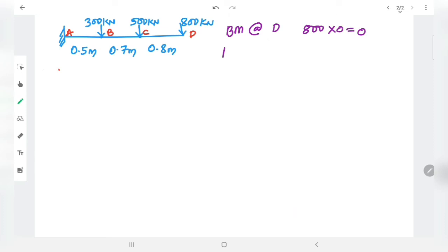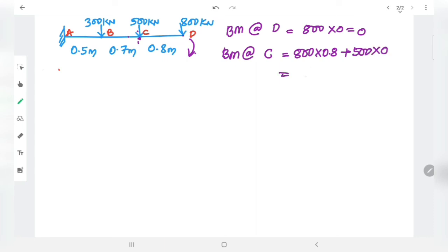Now bending moment at C is equal to how much? Force into perpendicular distance, 800 into 0.8 plus, bending moment with respect to this point. 800 into 0 gives 0 moment at point D, whereas at point C it is 800 into this distance plus 500 into distance. 500 into distance is 0.